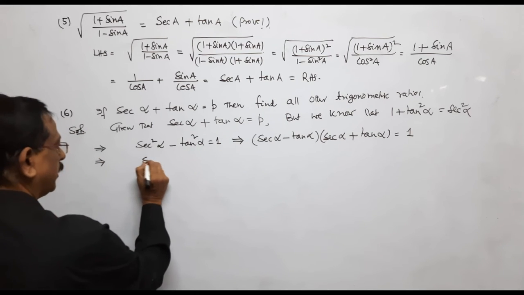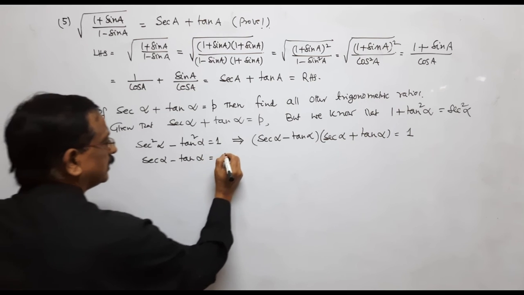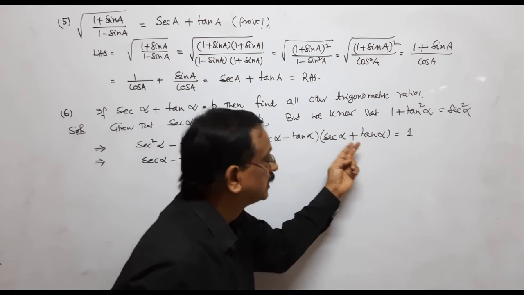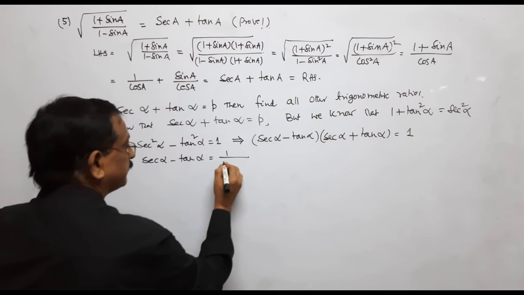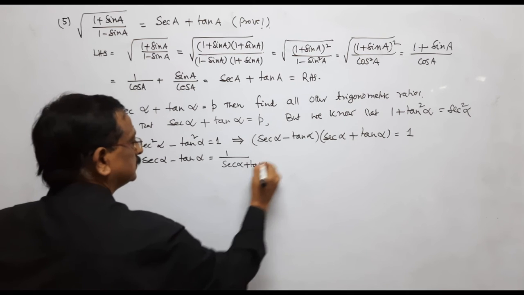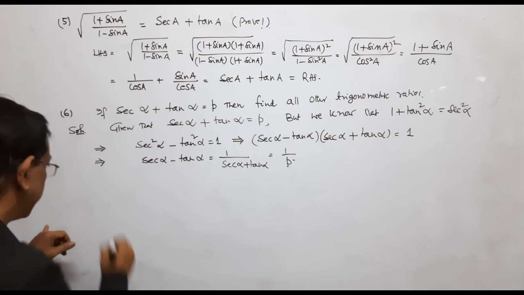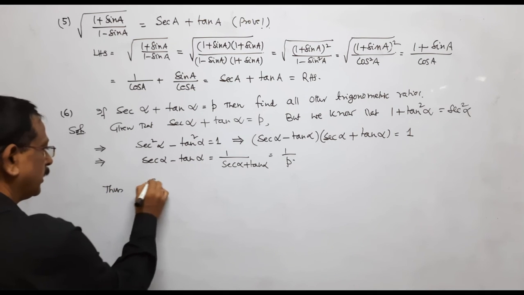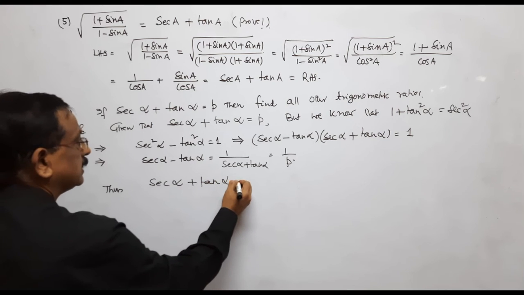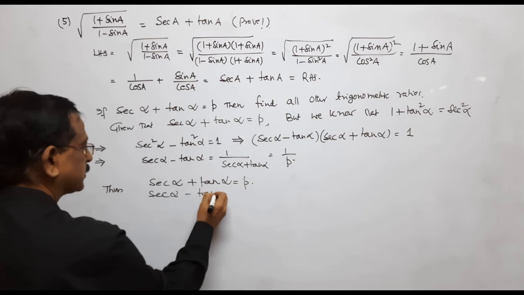So I can write secant alpha minus tan alpha is equal to 1 by (secant alpha plus tan alpha), which is equal to 1 by P. Thus, secant alpha plus tan alpha is P, secant alpha minus tan alpha is 1 by P.